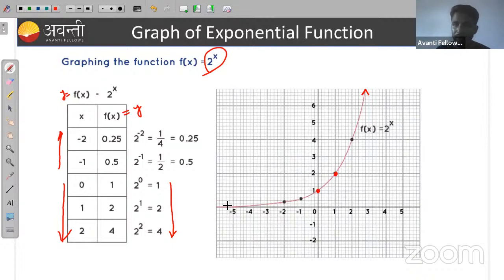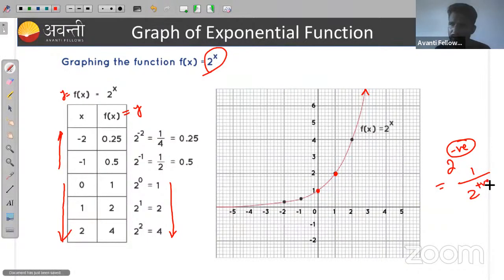But it will never touch the x-axis, because 2 to the power any negative number I can write as 1 upon 2 to the power that positive number, yes or no?